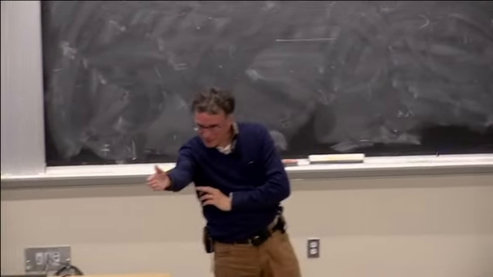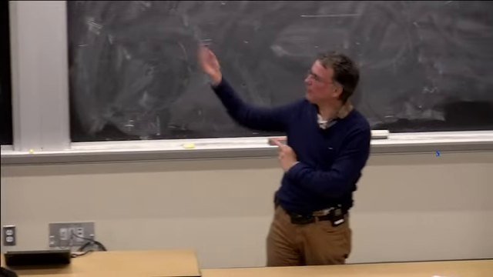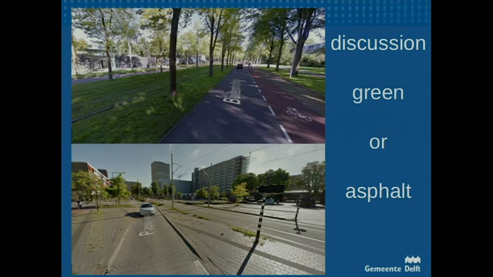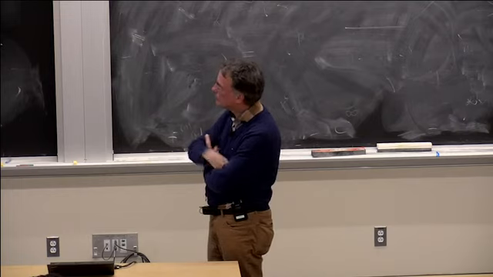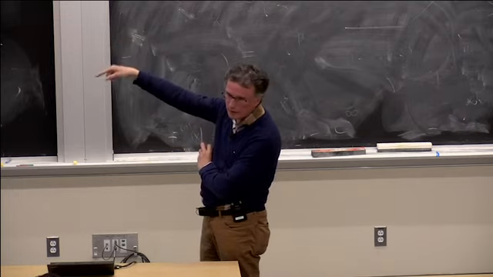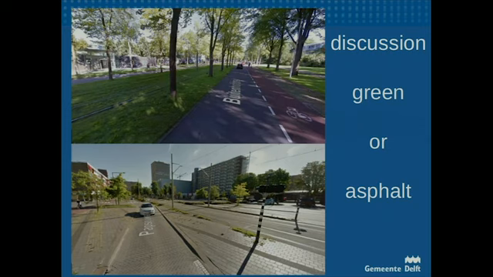Which one would you like and why? I prefer the green, because I feel like you experience the road better that way. And if you can serve the demand like that, then you should go green. So which one do you like? The light rail in the green or the light rail in the asphalt? In the green. It's lovely.